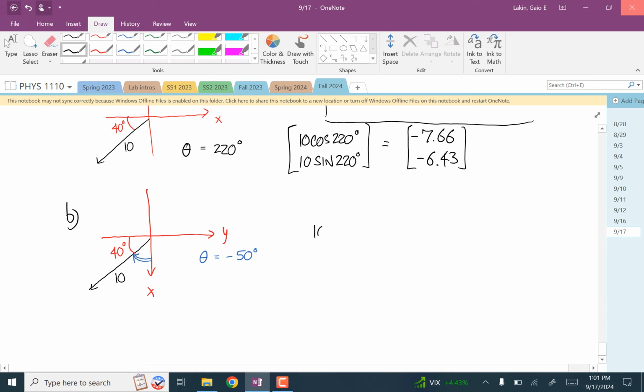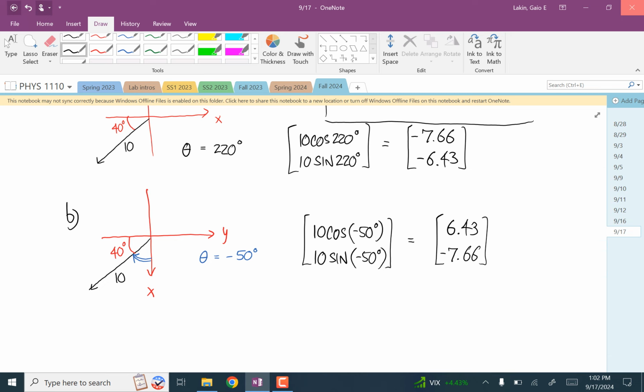And so the components in this coordinate system are 10 times the cosine of negative 50, 10 times the sine of negative 50, and that is positive 6.43, negative 7.66. Any questions about that one?